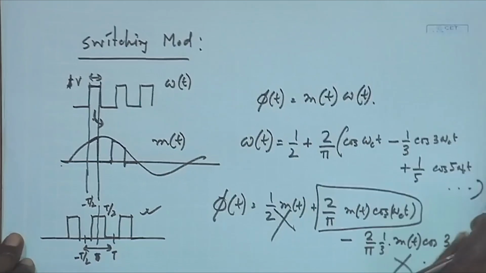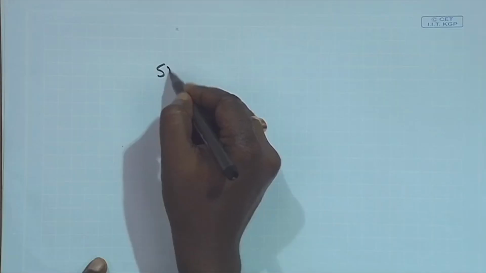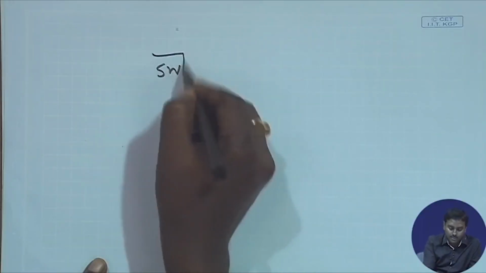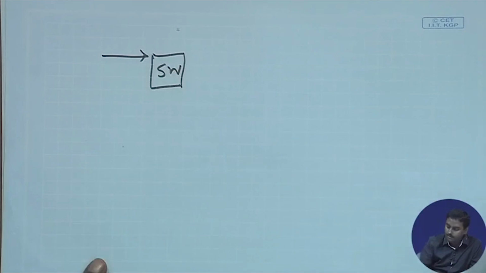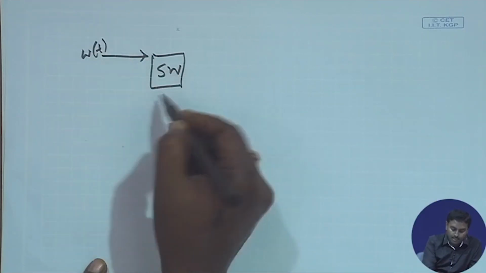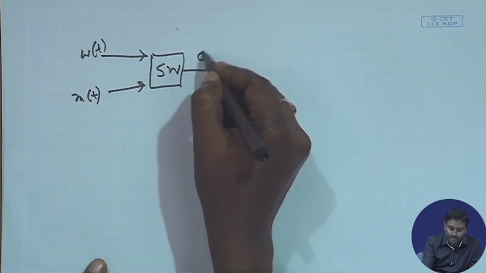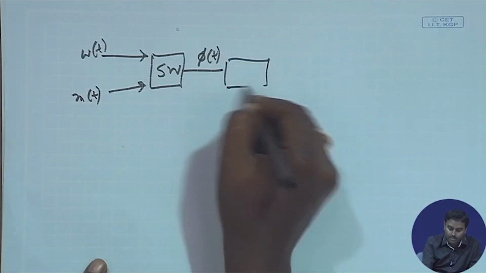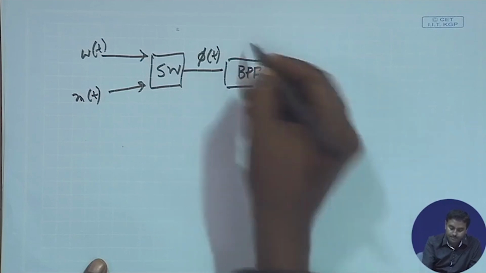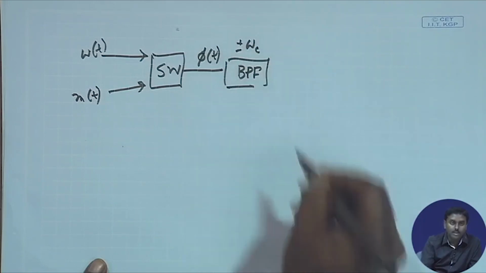So basically, I have to put a switch which has two inputs, one is w(t) and the other is m(t). Whatever I get, that is this phi(t), must be passed through a band pass filter centered around plus minus omega c.